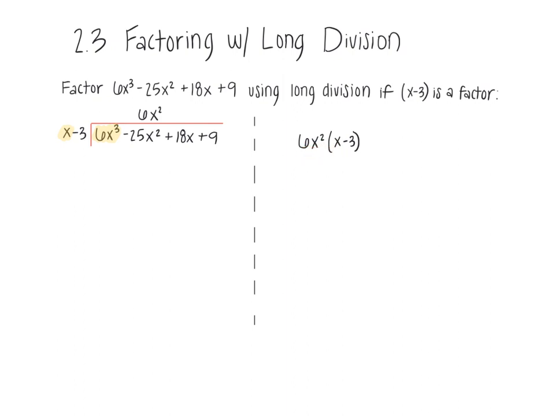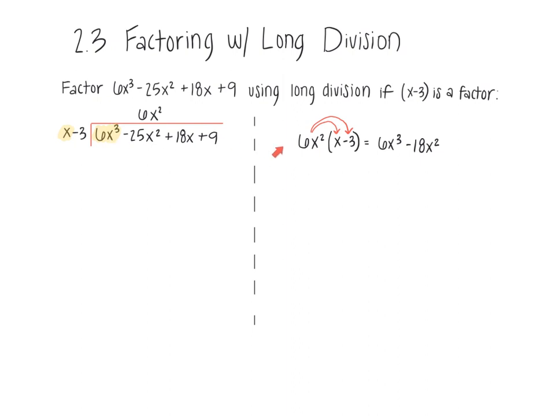So 6x squared times x gives me 6x cubed. And 6x squared times negative 3 gives me negative 18x squared. So now you can see I chose 6x squared because when you multiply 6x squared by the leading x, you get 6x cubed. And we know we want 6x cubed.